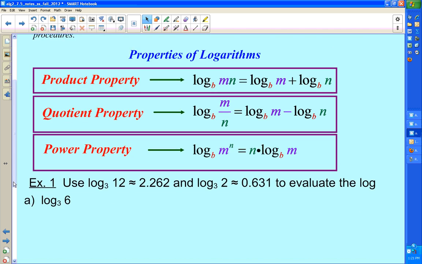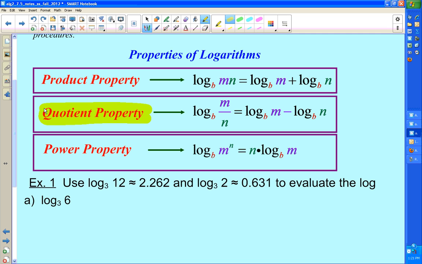Now the middle one here, this quotient property, you need to be very careful about the quotient property because it looks extremely similar to a property that we'll do here in about 20 minutes. The quotient property is the log base b of literally a quotient.